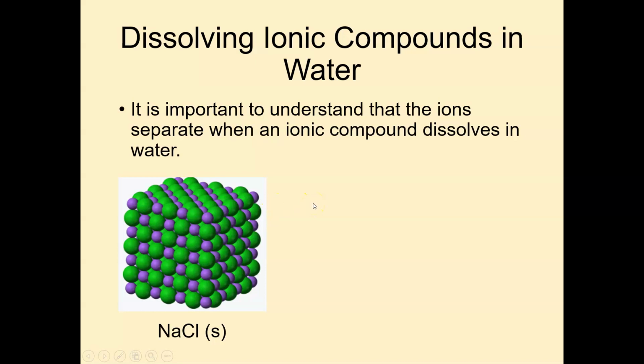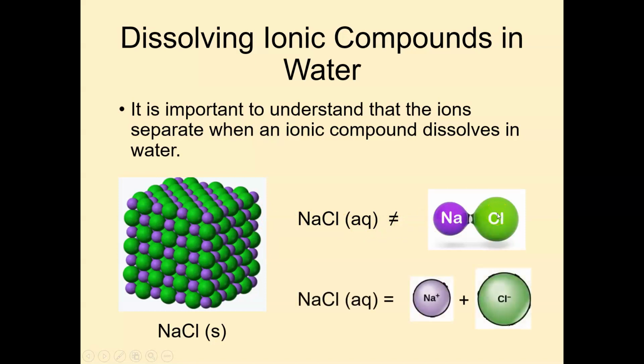What does sodium chloride look like dissolved in water? It does not form sodium chloride molecules in which a sodium and a chloride are bound together. That is not what happens. What does happen is that all the ions split apart.